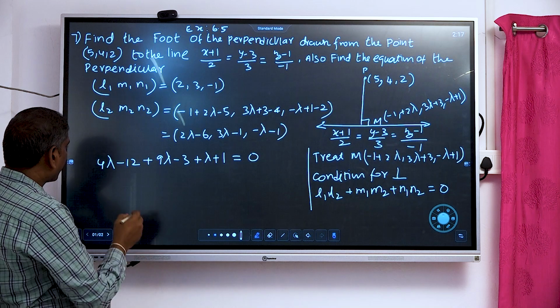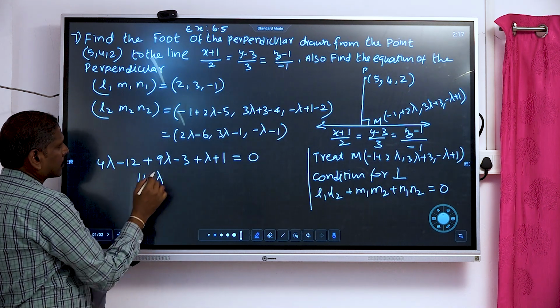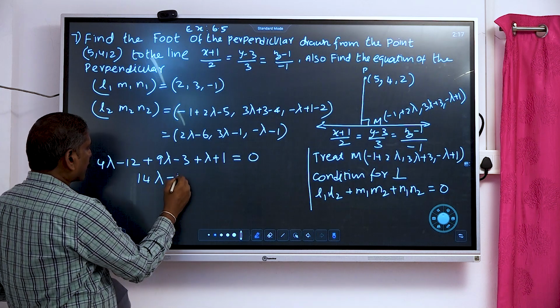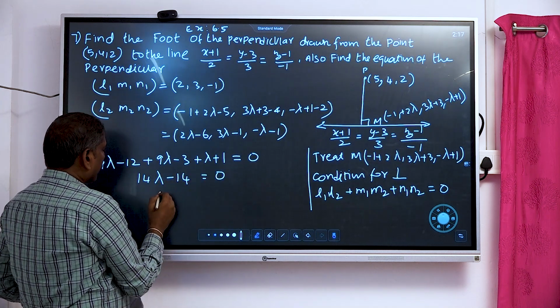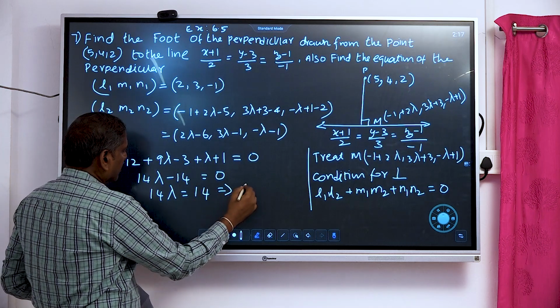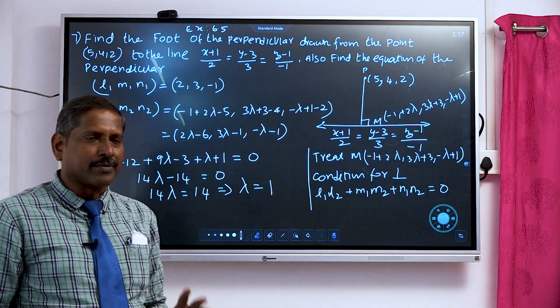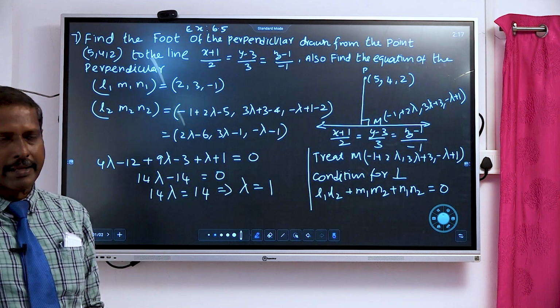Okay, fine. So I hope now you are getting 14 lambda, and here it is minus 15 plus 1 is minus 14, that is equal to 0. The value of lambda is going to be, yes, very good, it is 1. I hope that you have also done it, and the value of lambda is 1.